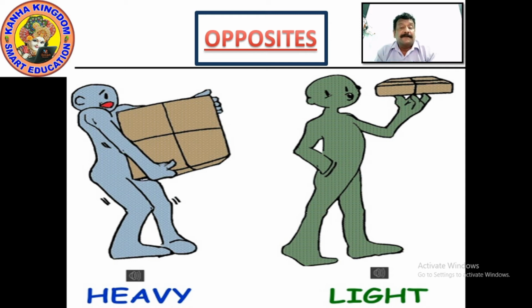His body posture while picking it up is totally changed. Here he is straight, and while picking up heavy things, you bend a little because it is heavy. So please write this down. Heavy, light. H-E-A-V-Y, heavy. L-I-G-H-T, light. Please write this down.